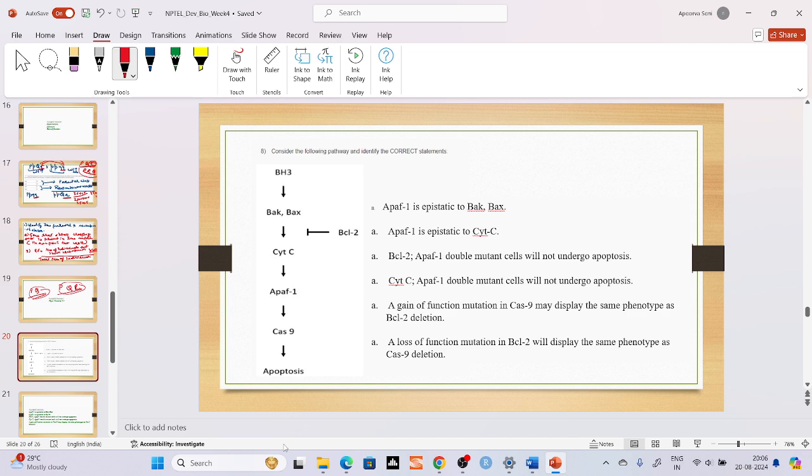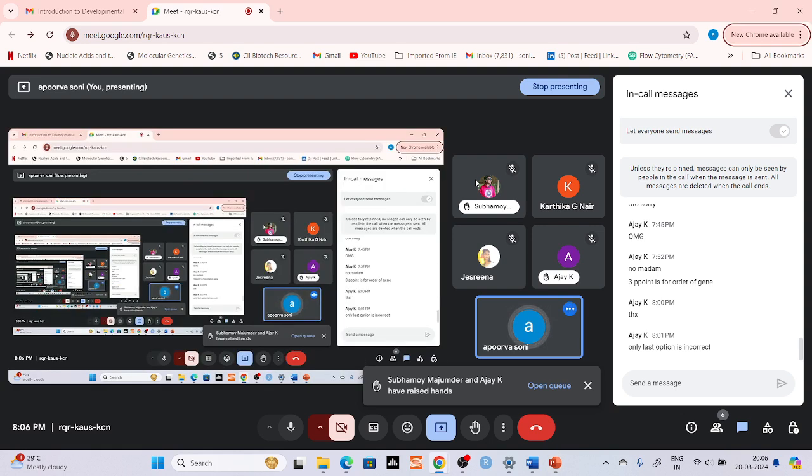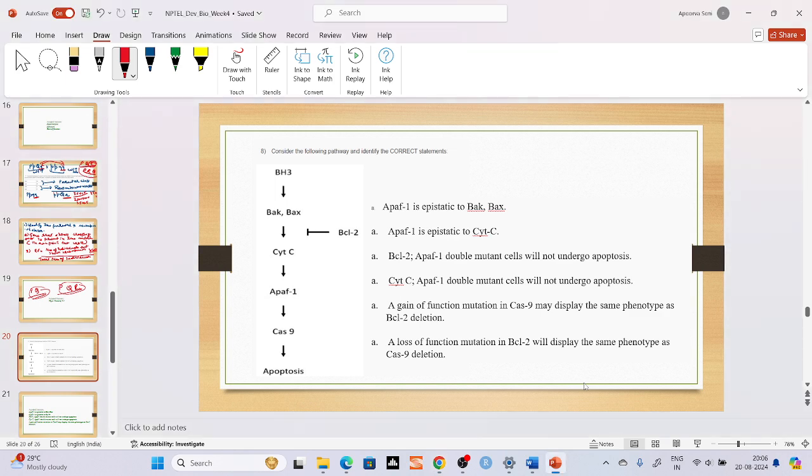It shows the general mechanism through which apoptosis occurs, and BCL2 inhibits the step where BAK and BAX induce cytochrome C. So this step is inhibited. So this is the question, and according to it, these are the statements that are written. Now, can you think what can be the answer? Anything that you can think of?